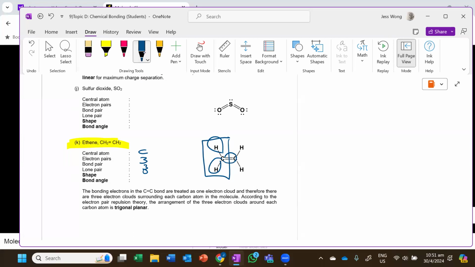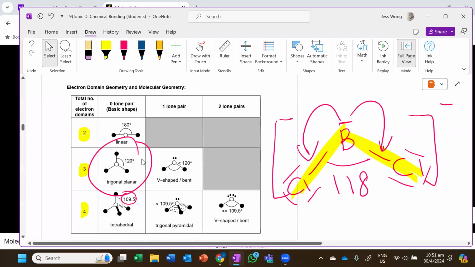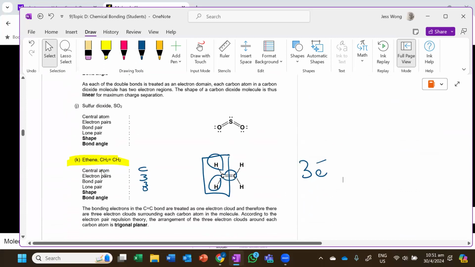For something which has 3 electron regions and no lone pairs, what will be the arrangement? You go back to this table: 3, no lone pairs, trigonal planar. So you will put down the shape around this carbon as trigonal planar, and the angle is 120 degrees.